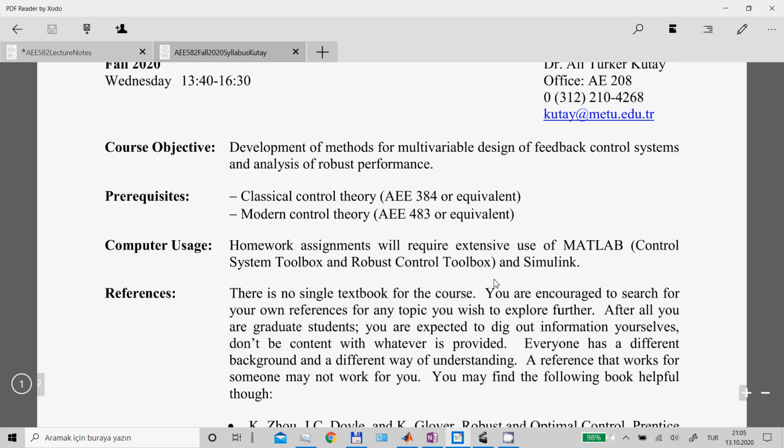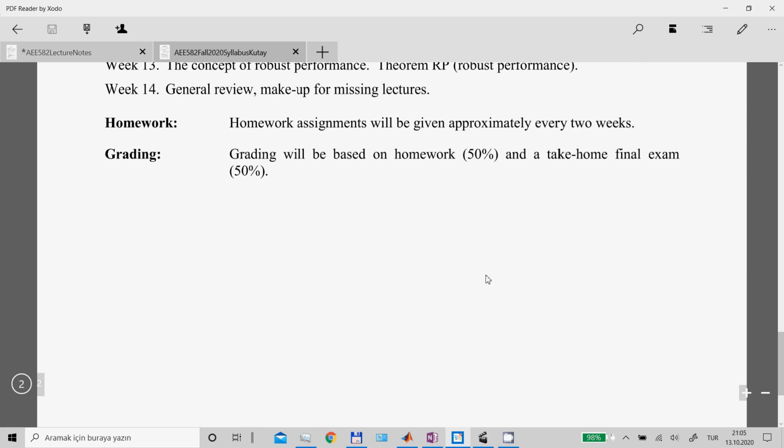Instead, there will be these homework assignments, so that will form about 50% of your grade. And at the end, there will be a final take-home exam for the entire course. Your overall grade will be based on your grades for homework assignments and the take-home exam. So your grade will be entirely based on the work that you do at home.